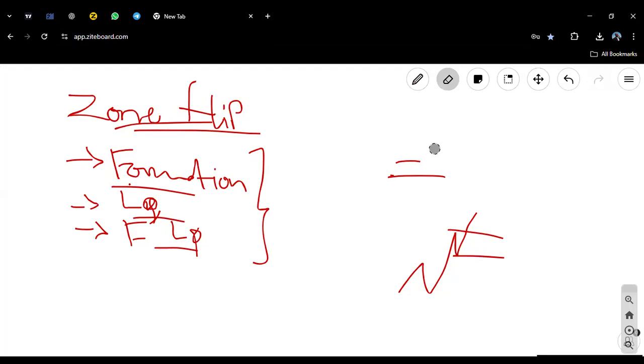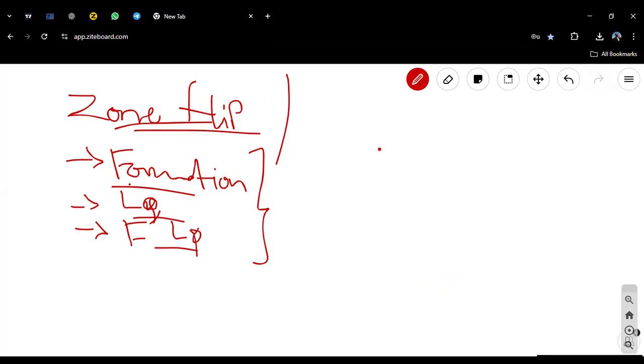Now, after learning this zone flip, we're going to see how the market will confirm the direction that we have to trade. So we'll look at different types of confirmation and how we determine the confirmations.